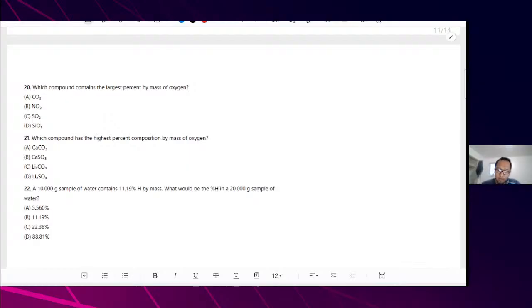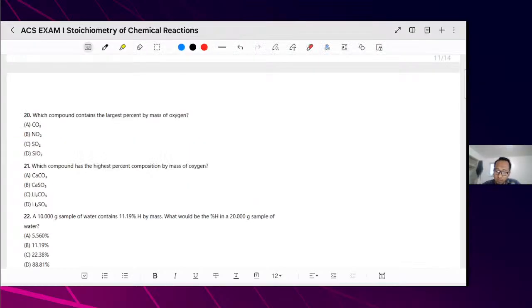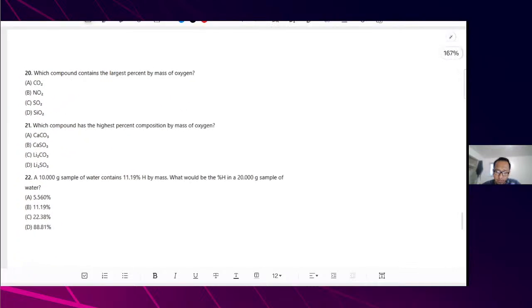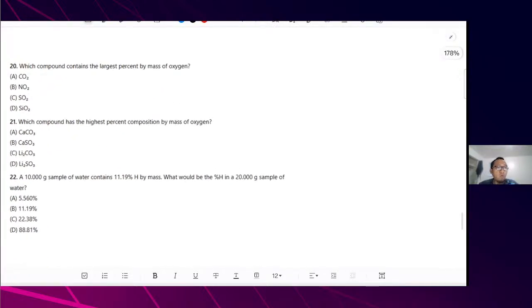Most students face this exam before they graduate or before they want to continue their PhD. They have a requirement to pass this exam.